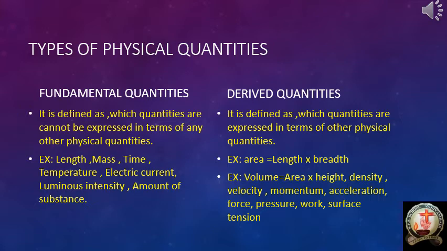Correct. So here volume is also a derived quantity. Area is derived from other quantities, that is length and breadth, and volume is also derived from other quantities, that is area and height. So this area and volume are called the derived physical quantities.